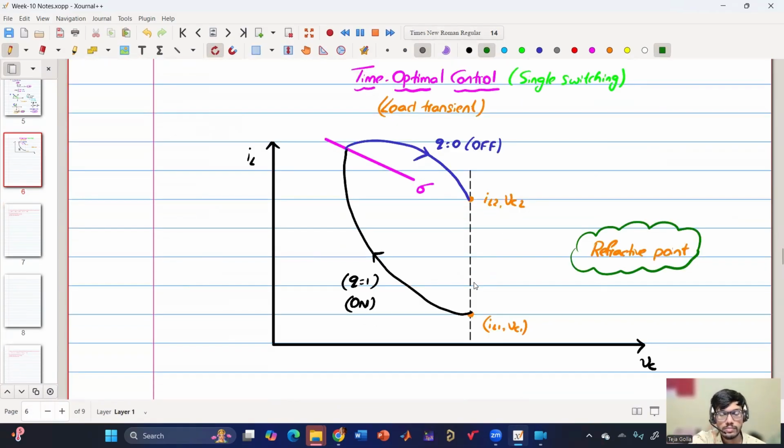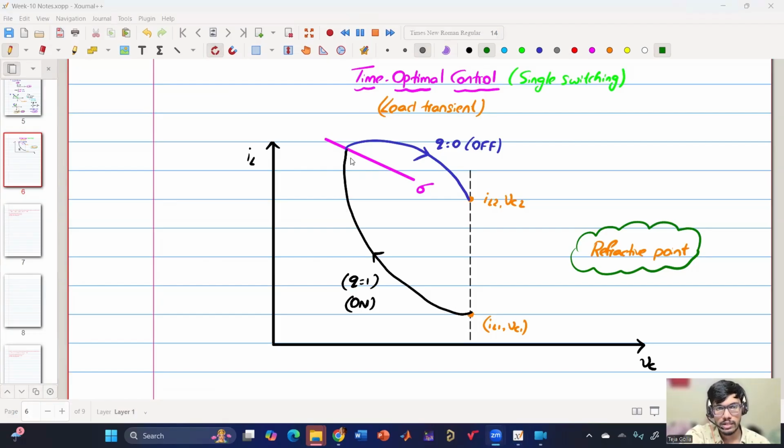Sir, that particular shape, is it because when Q equals 1, inductor current increases and the capacitor voltage decreases? Yes, very good, very nice point that you have raised. Whenever there is load transient, you know that there is a dip in the output voltage because of the load current, while the inductor current is rising.